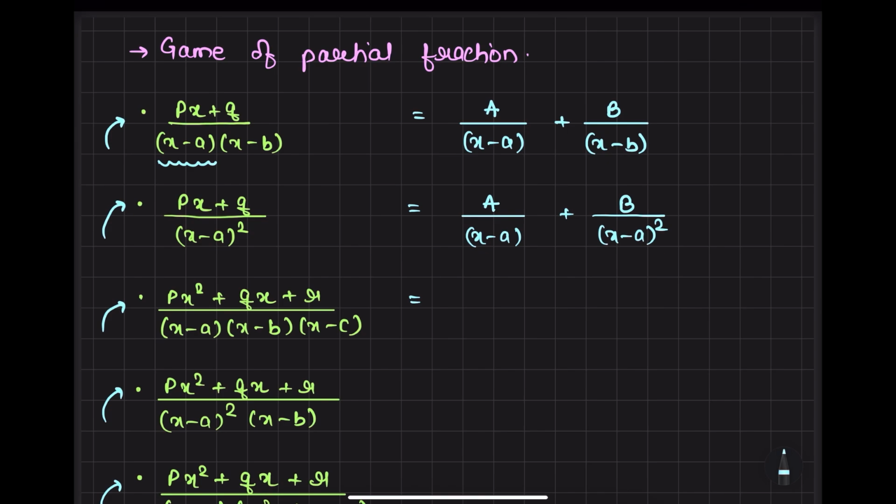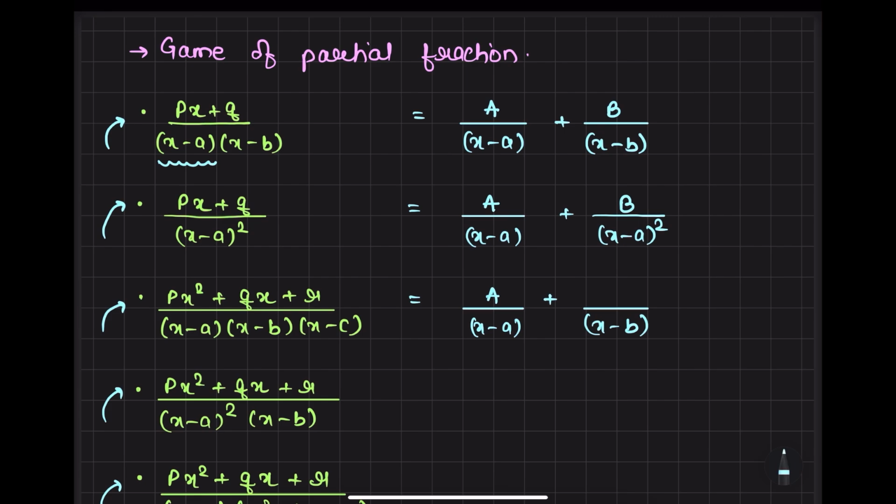Now look at this. You have this component. What is the first factor? x minus a. Write x minus a, start the power of x minus a from 1 and reach till the given power. The given power is also 1, so you stop here. Since it is linear, you will write a constant, that is A. Now the second component is x minus b. You start from power 1 and reach the given power, which is 1 only, so you stop here.